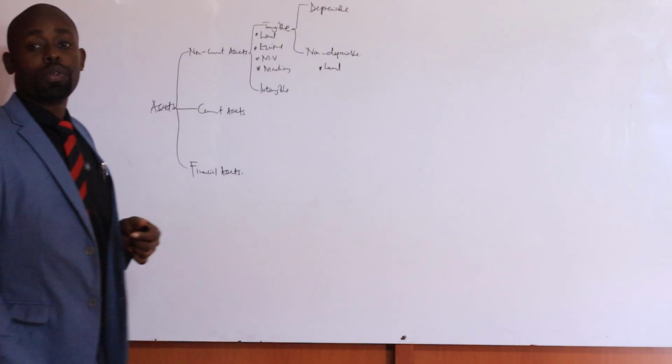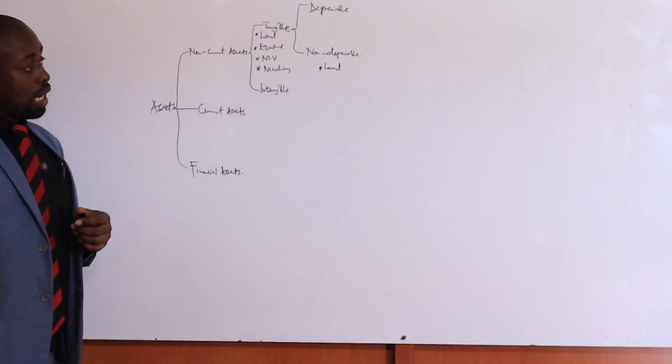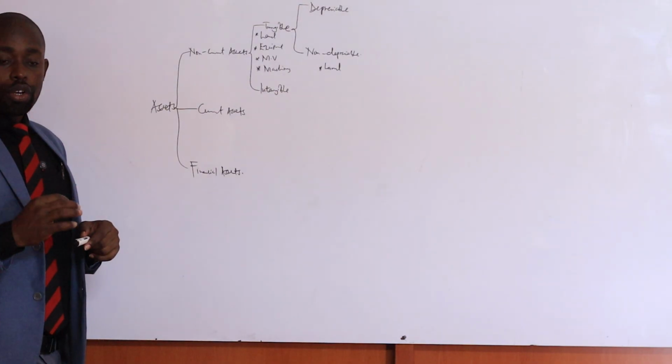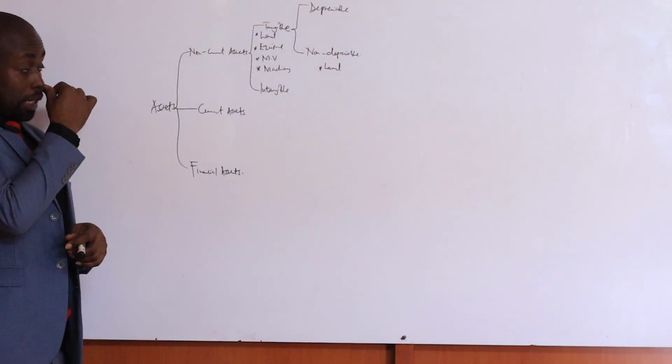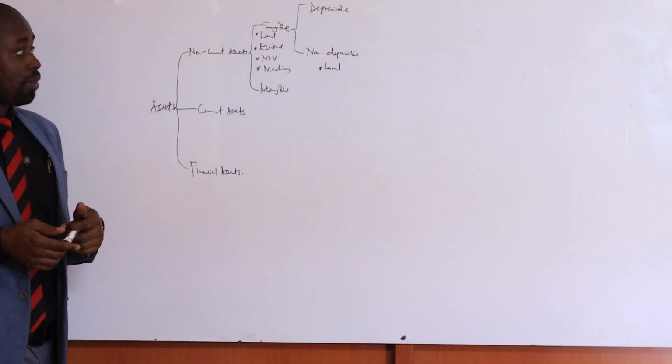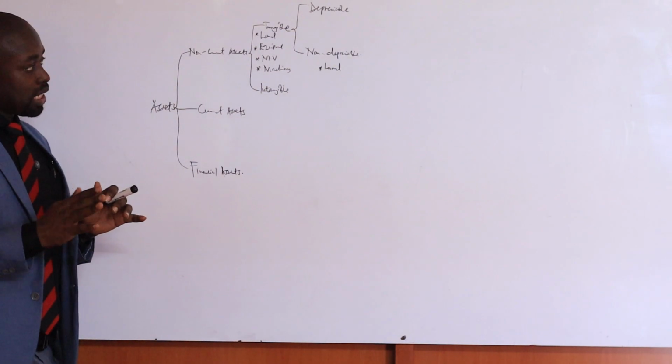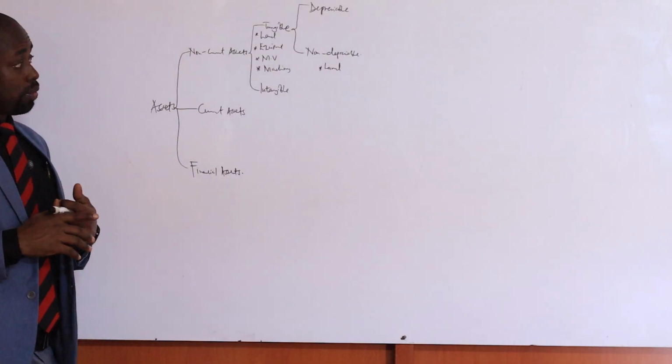Land is said to depreciate under one exceptional case, where we have mineral extraction taking place on it. So any land where you are extracting minerals will lose value over time. But land basically is non-depreciable.